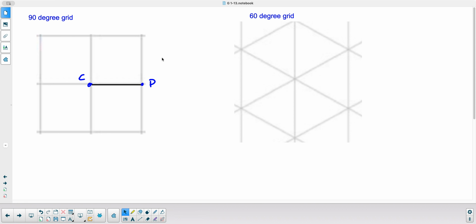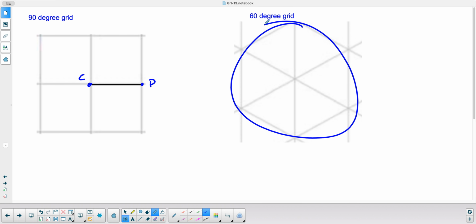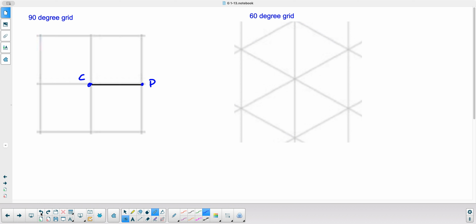On a 60-degree grid, again, your full circle here is still 360. So a full circle is still 360, but I have 1, 2, 3, 4, 5, 6 angles instead of 1, 2, 3, 4 around the center. So here 360 divided by 4 is 90 per square, whereas over here, 360 divided by 6 is 60 per square.